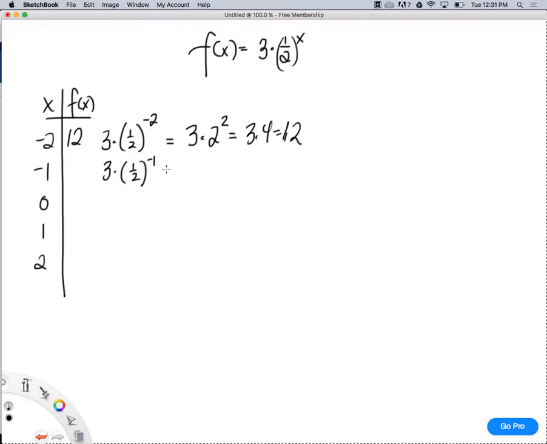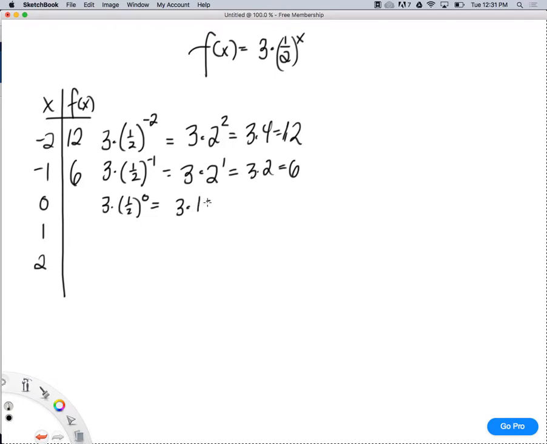And then if I raise it to the negative 1, it's 3 times, instead of 1/2 to the negative 1, it's 2 to the positive 1, which is 3 times 2, which is 6. And then 3 times 1/2 to the 0 equals 3 times anything to the 0 is 1, so it's 3.